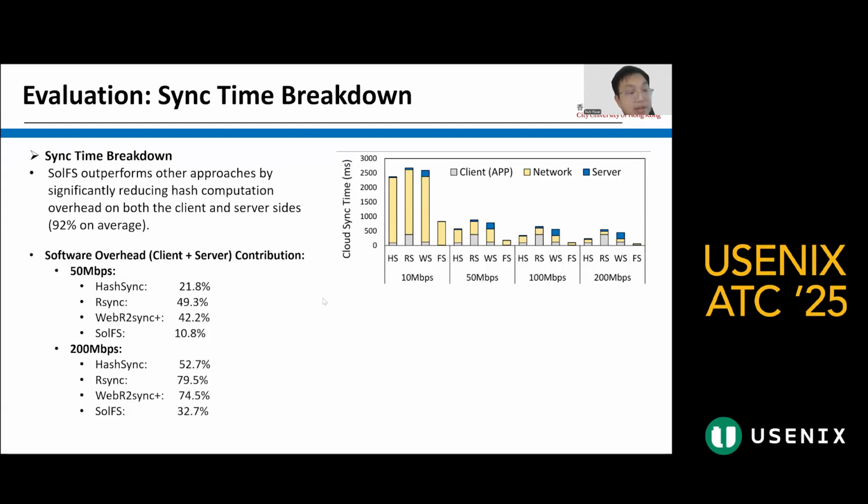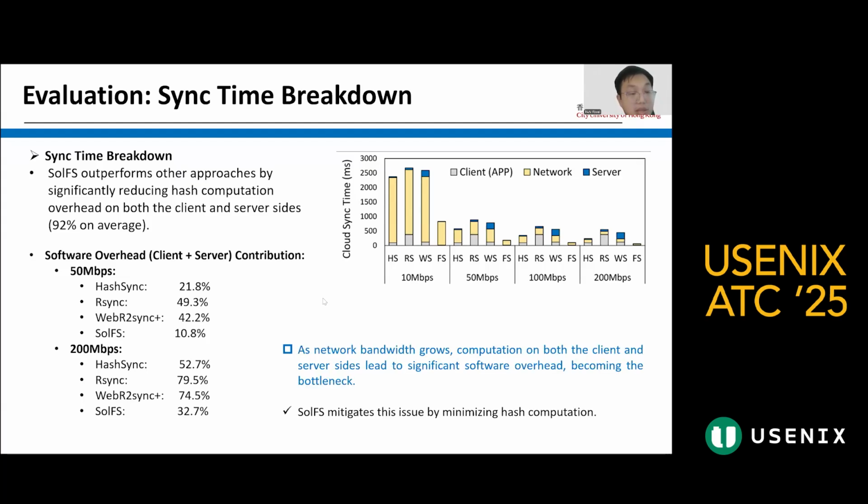The software overhead, the client and server contribution, is just like the numbers shown below. These numbers want to show that as the network bandwidth grows, especially with high speed networks at home and in 6G or 7G, the emerging network technology, computation on both the client and server side leads to significant software overhead becoming a bottleneck.